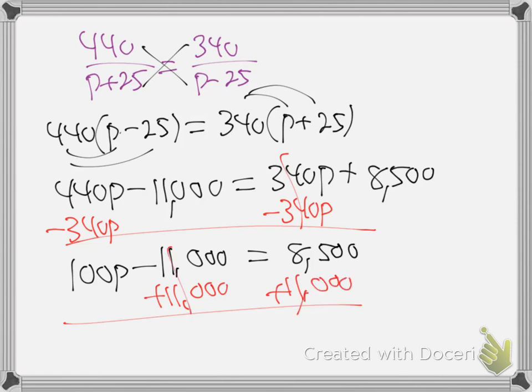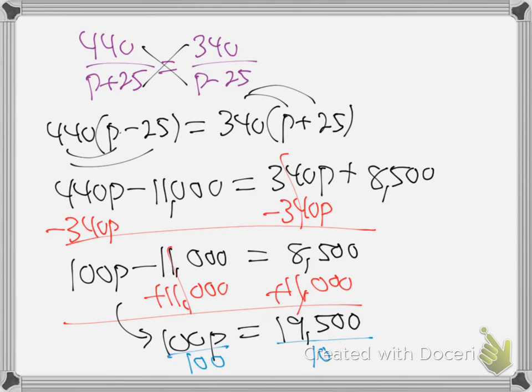Gonzo. 19,500. Last step: divide by 100. Boom. Takes out those two zeros. P is 195. That plane is flying at 195.